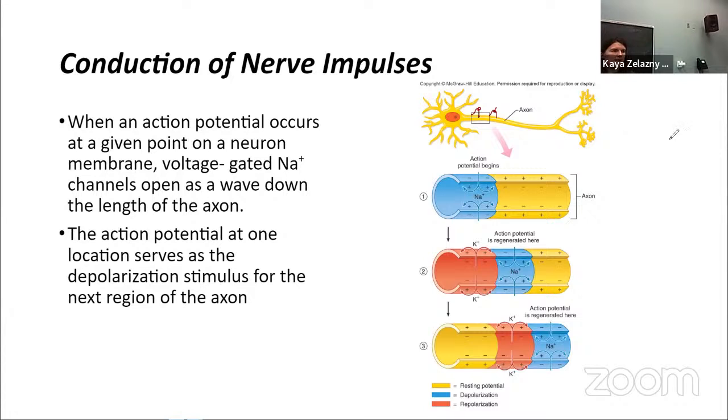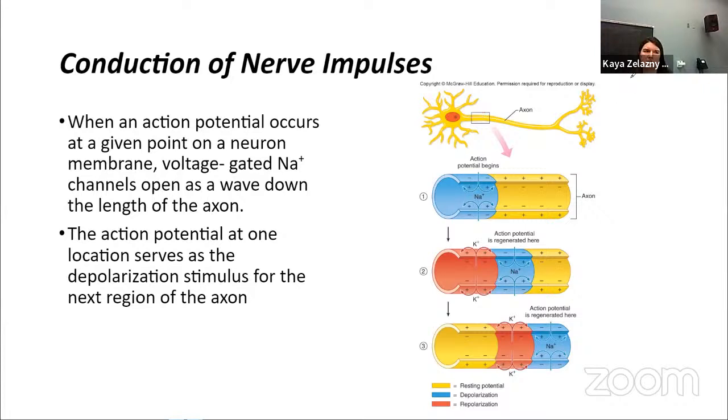So if we're looking at one section, let's say we had the action potential happening here. That depolarization in one patch of membrane is going to work as our stimulus for the neighboring section. When this little segment of membrane gets to positive 30, that's going to affect the neighboring bit of membrane, get it to threshold, and kick off its response, which will then also peak to positive 30.